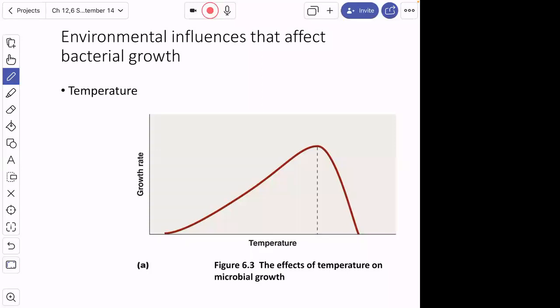And usually right above that, they start to die because the molecules or their reactions are moving quickest at this temperature. And then soon after that, the enzymes are starting to denature and life isn't supported. But usually we have a range of maybe 20 to 40 degrees where the organism can at least survive.